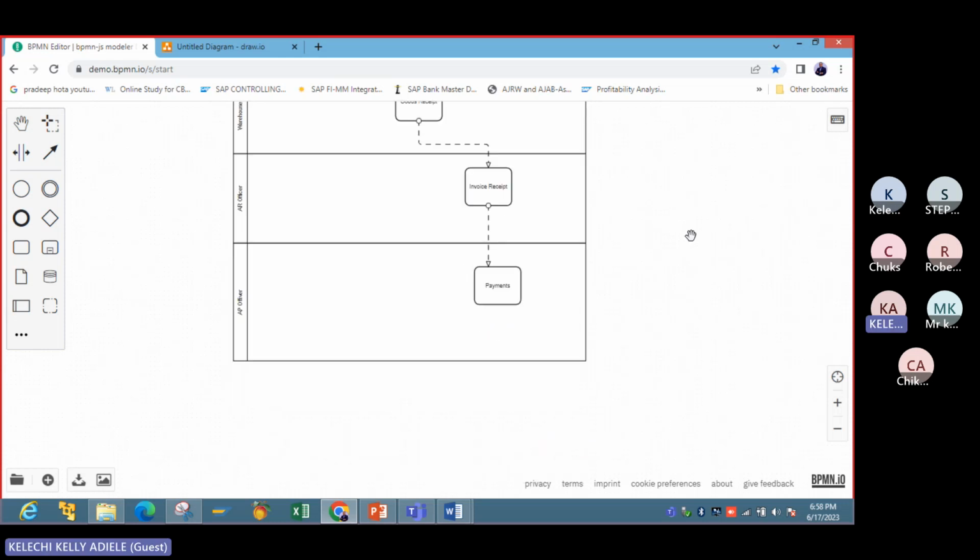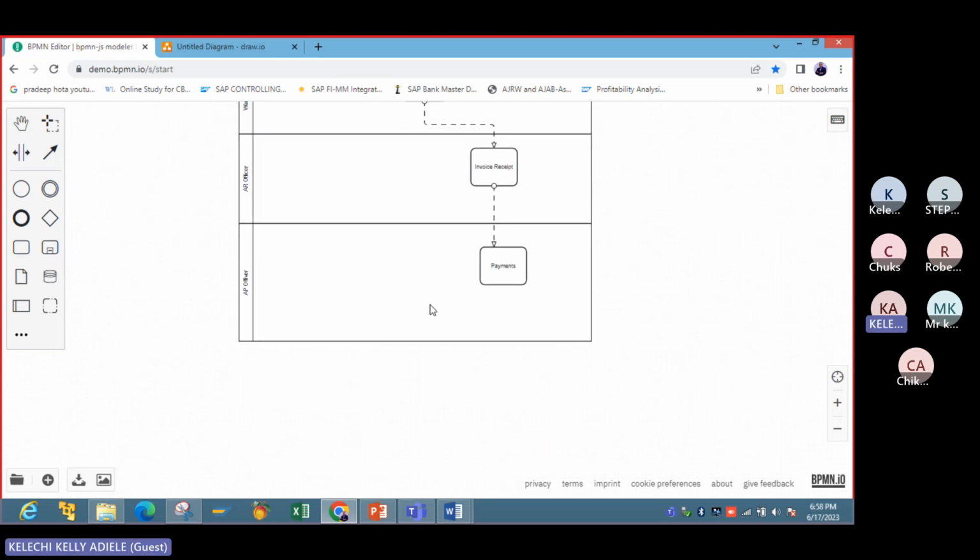What's the next activity? Bank reconciliation. That's cool, but I'm ending it here. But you're correct anyway.